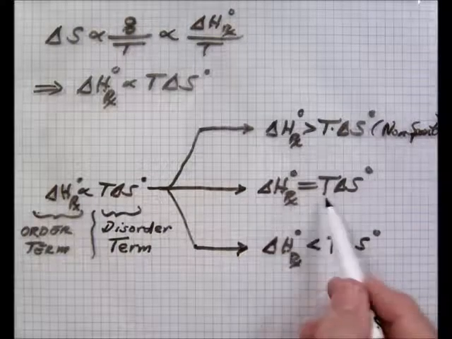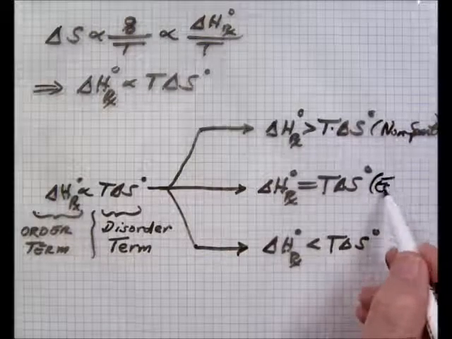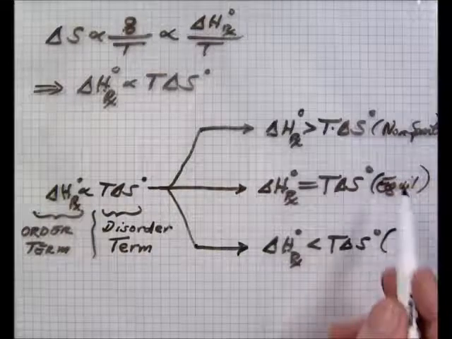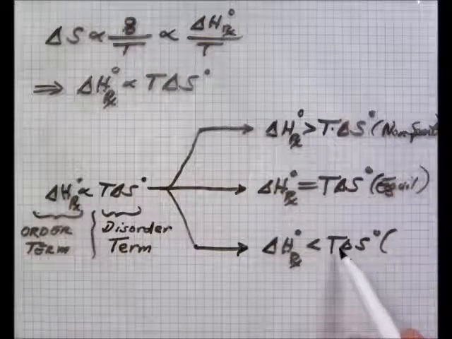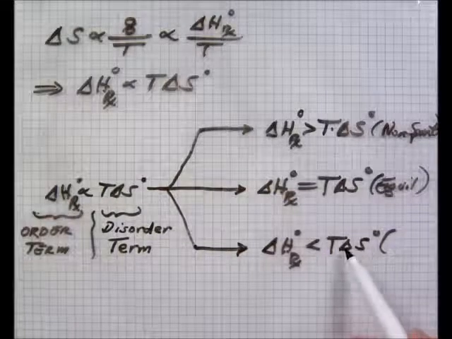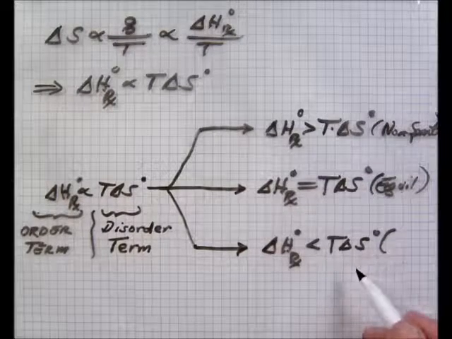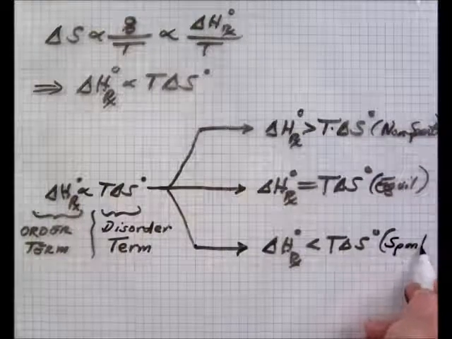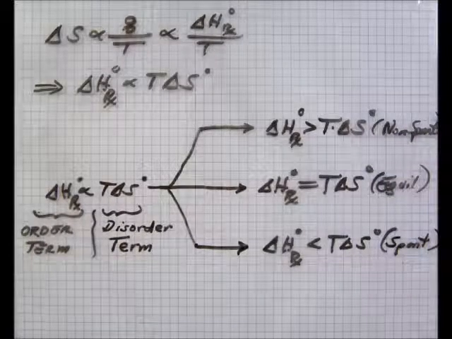If you calculate delta H and T delta S and they are equal, the reaction's at equilibrium. And if the calculation comes out with the disorder side, see the inequality opening toward the disorder side, that means disorder is favored. The ball will roll downhill on its own. So this is a spontaneous process under those conditions, at those temperatures.